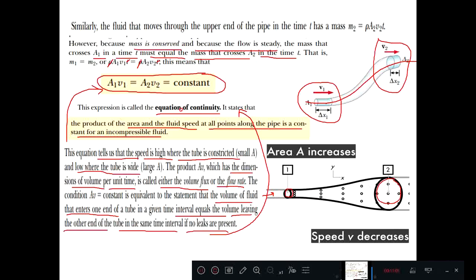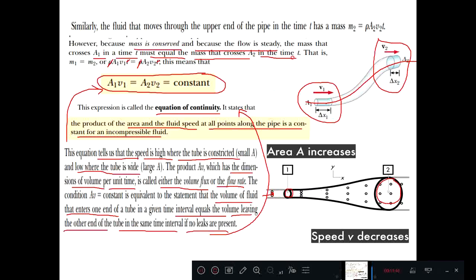Here is a fluid moving with a steady flow through a pipe of varying cross-sectional area. The volume of fluid flowing through area A1 in a time interval t must be equal to the volume flowing through area A2 in the same time interval.